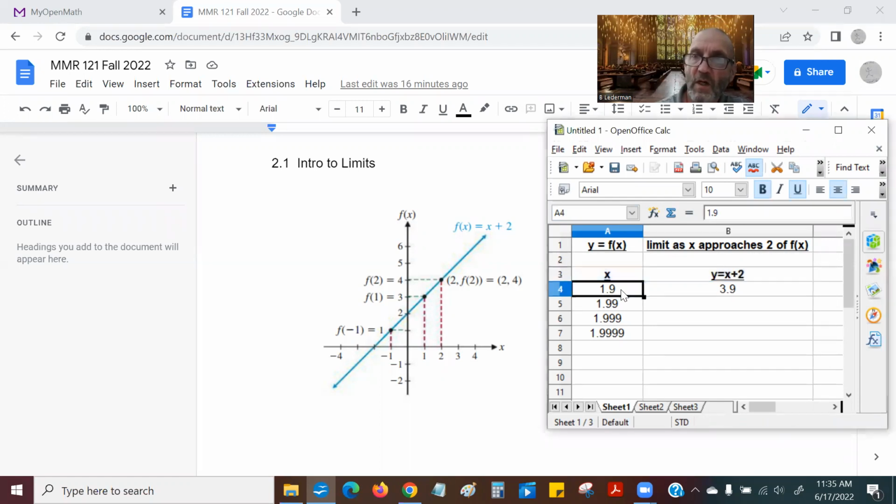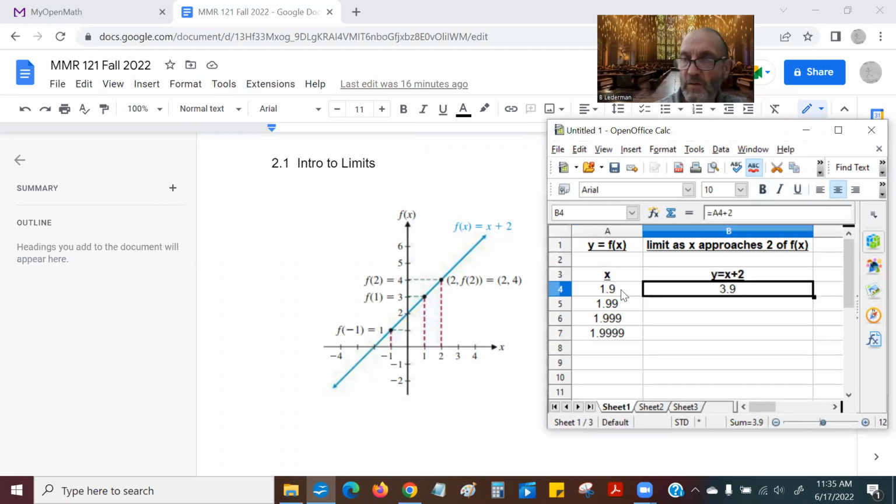So if x is 1.9, f of x, which is y, is going to be 3.9 because it's 1.9 plus 2. By the way, we use y and f of x sort of interchangeably. If x is 1.99, then y is going to be 3.99.